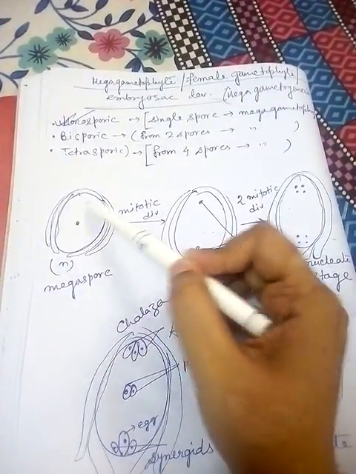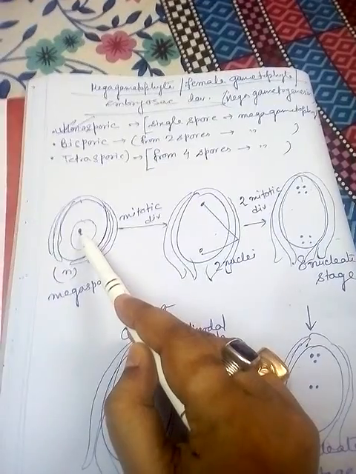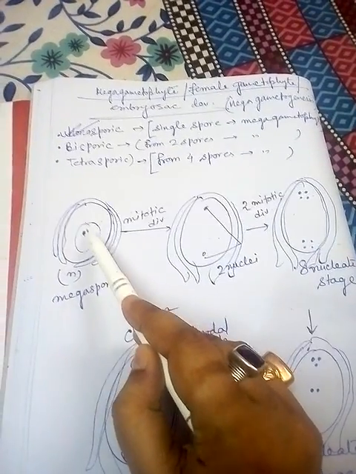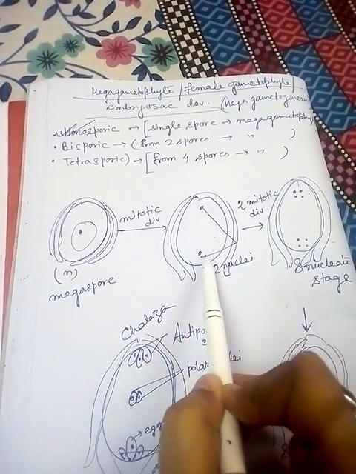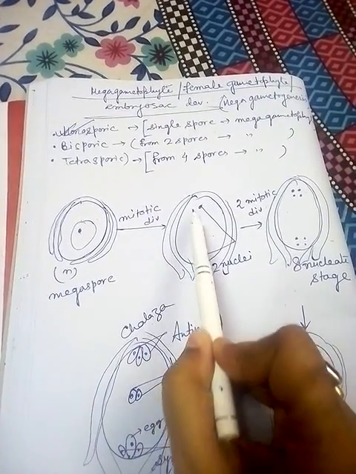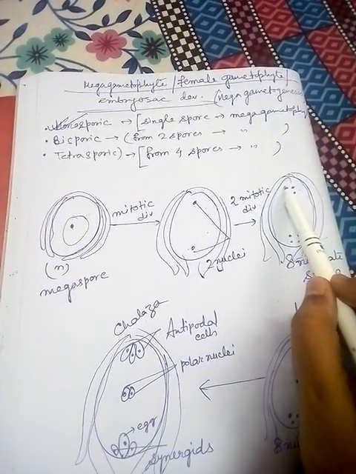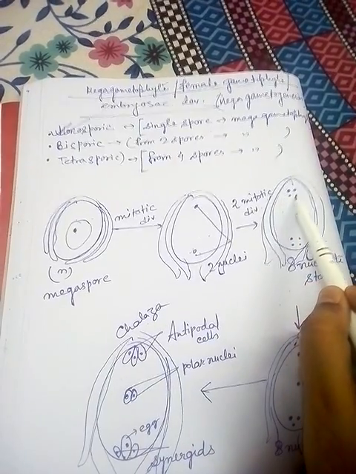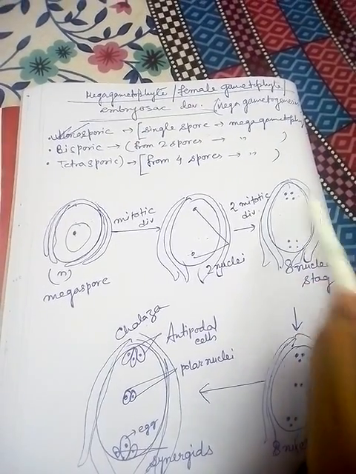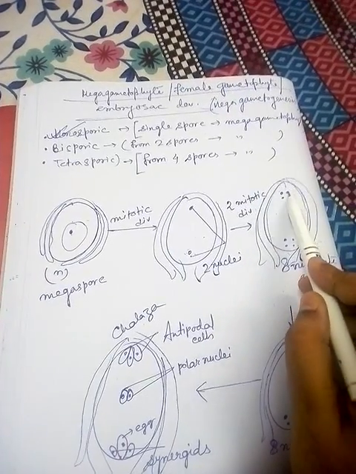Inside the ovule, a megaspore is present, and this is the nucleus of the megaspore. First, the nucleus divides mitotically, forming two daughter nuclei. The two daughter nuclei move towards two opposite poles, and each nucleus now divides mitotically twice, forming four nuclei at each pole.